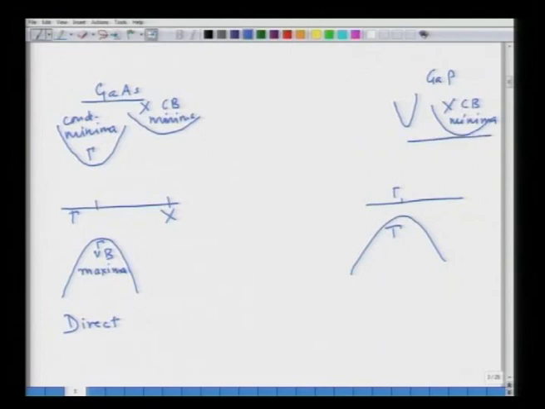So, basically what we have is a situation where the minima of the conduction band and the maxima of the valence band do not meet at the same crystal momentum value, and this then becomes an indirect band gap semiconductor.